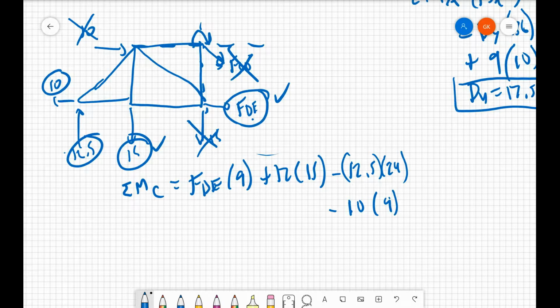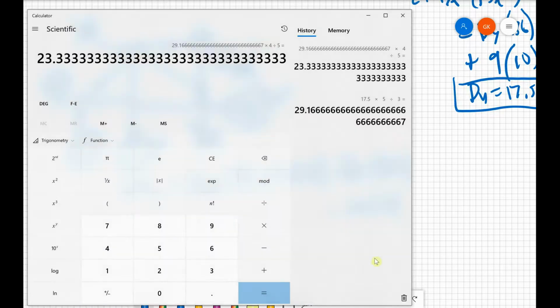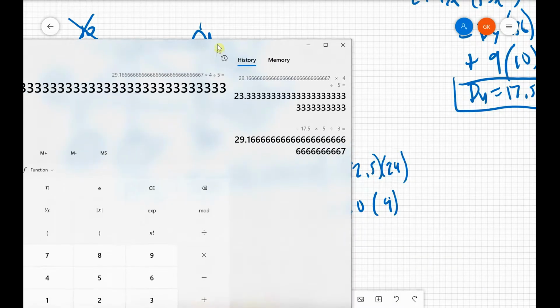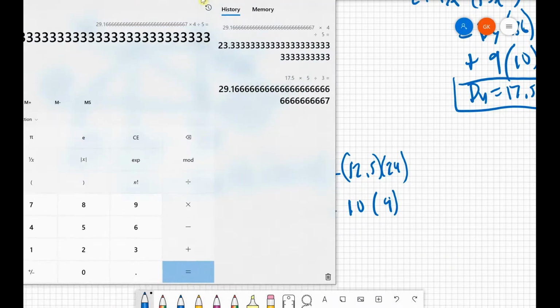Okay. And if I solve this, I'll go ahead and plug it in my calculator, make sure it comes out the same. Which if it doesn't, I've done something wrong with my algebra. Which, as you all know, never happens.